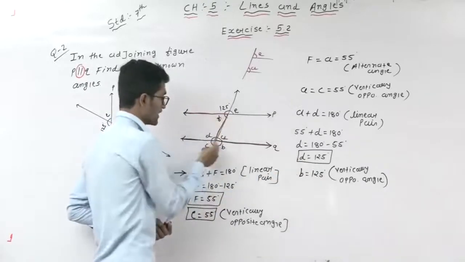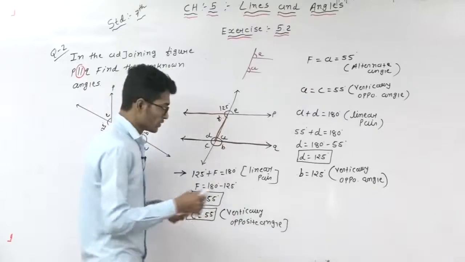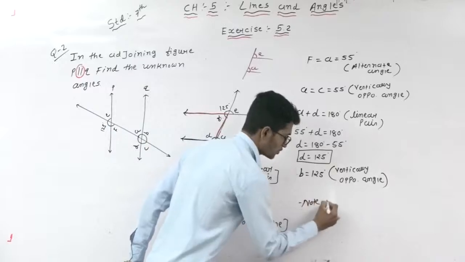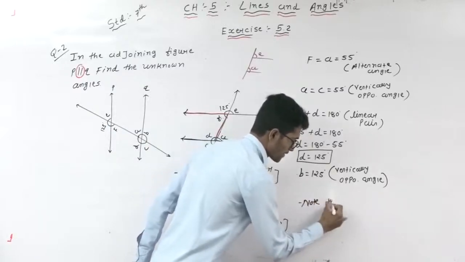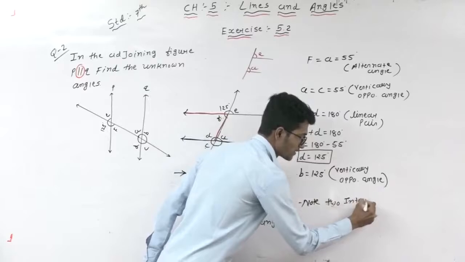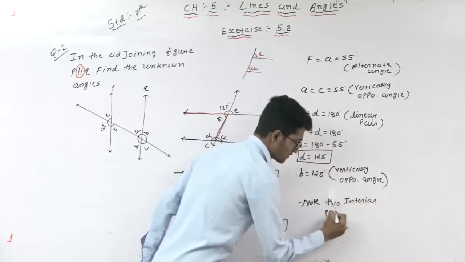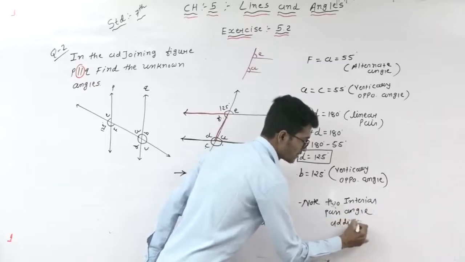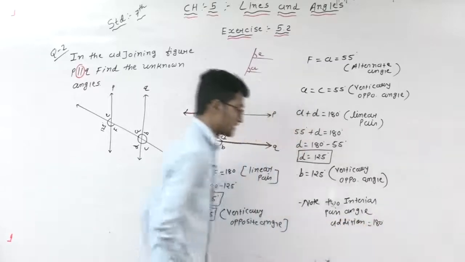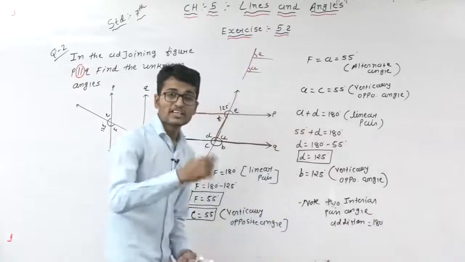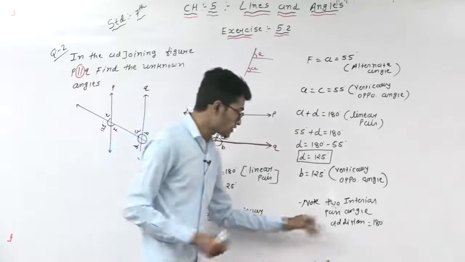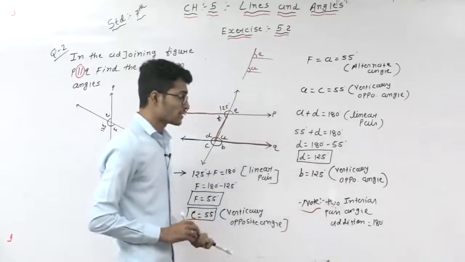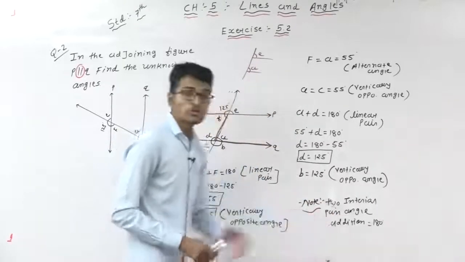If this is a pair of interior angles, I would write here: two interior angles pair addition is equal to 180.